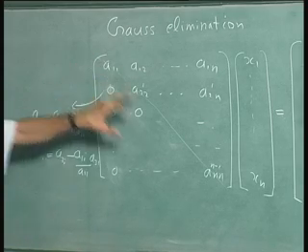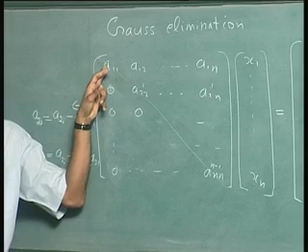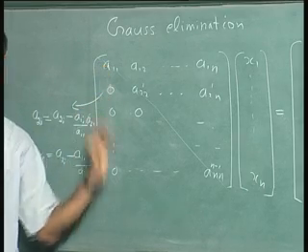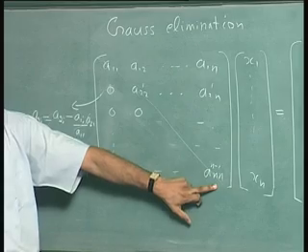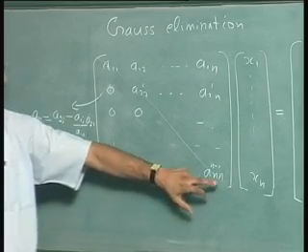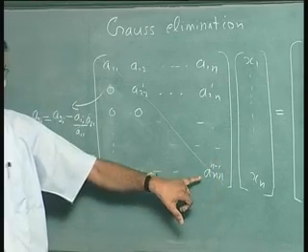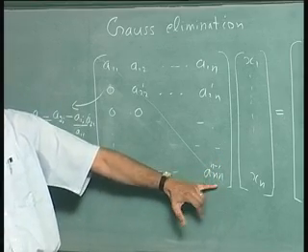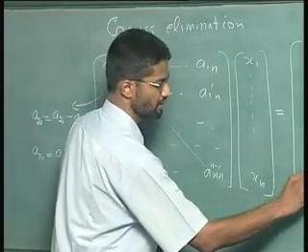Then we will get a matrix which is non-zero only on and above the diagonal, and once I have obtained a matrix like that, I can find the solution of this equation because I can do back substitution. For example, the last equation would be ann xn equal to bn.